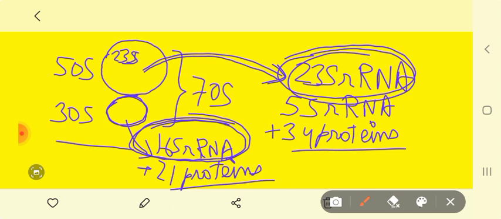The 16S rRNA has a sequence which binds complementarily to the mRNA, and within the mRNA, the sequence that is complementary to the 16S rRNA is the ribosomal binding site, also called the Shine-Dalgarno sequence.